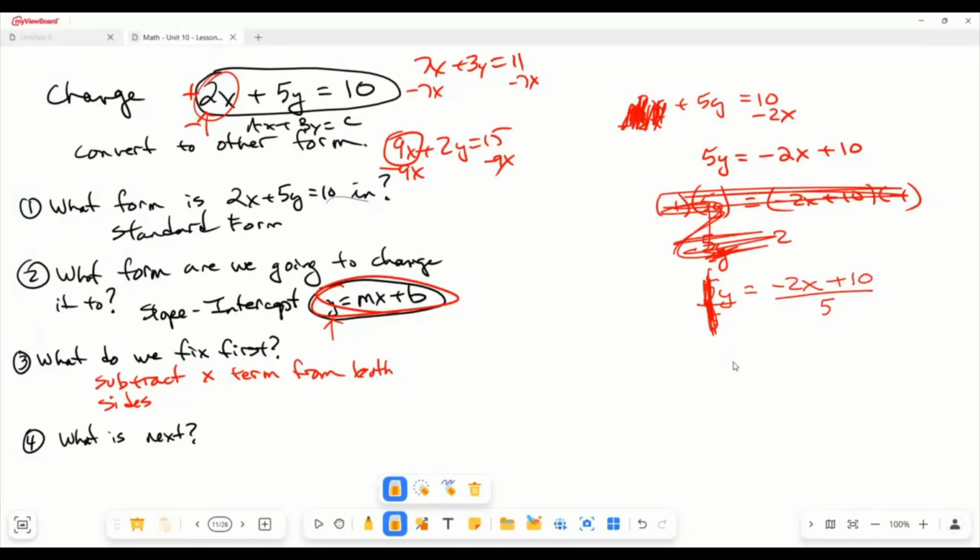We're left with y. There we go. Oh, that's what we're wanting. Y by itself. Y equals mx plus b. The 5 is in the denominator, so I need 2 different pieces, not one all stuck together. So this is negative 2x over 5 plus 10 over 5.